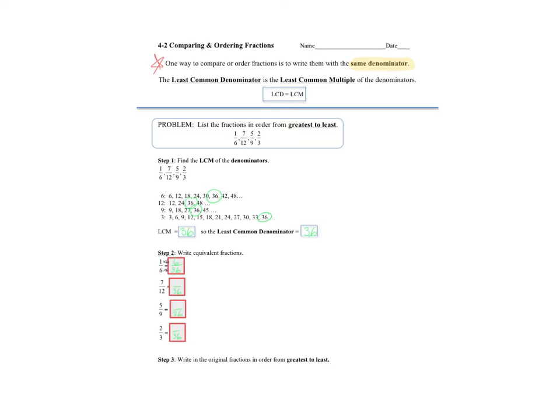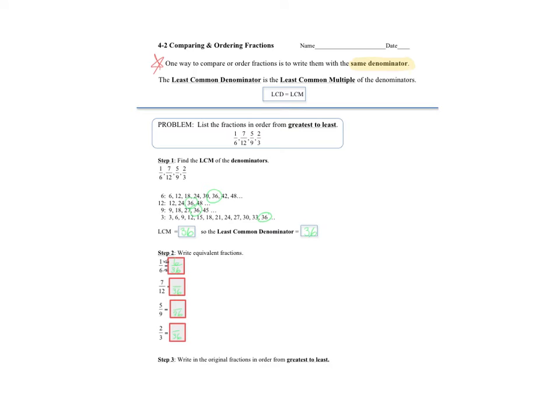They are equivalent fractions. Looking at my second one, I have 7/12. My 12 turned into 36. How did 12 turn into 36? Well, you can do the division, and if you are not sure, please try it out.